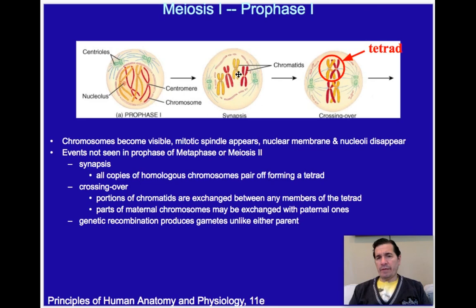The red is from one parent, the yellow is from the other. Let's say this one and this one are the same, but what happened is in replication, we duplicated it.